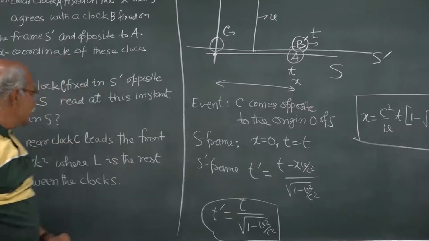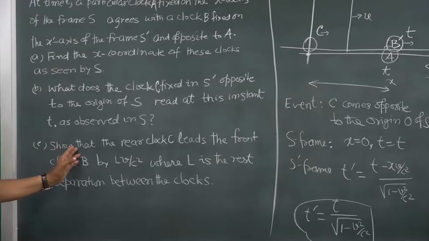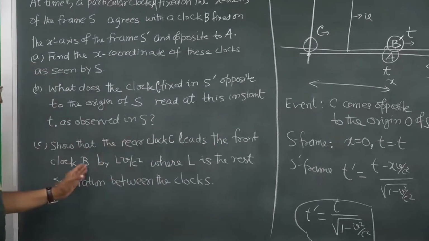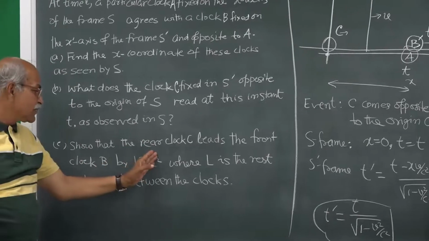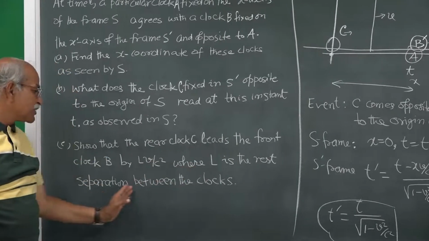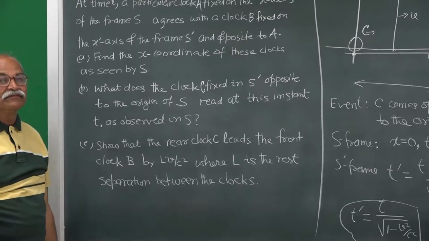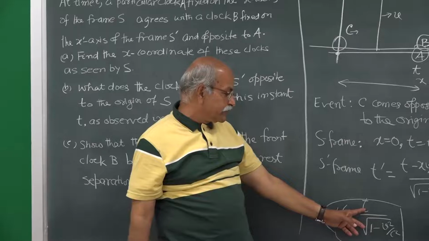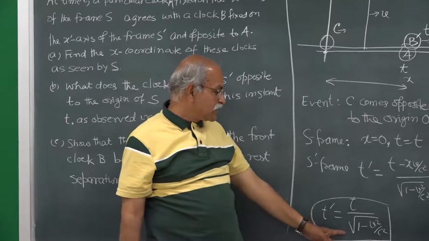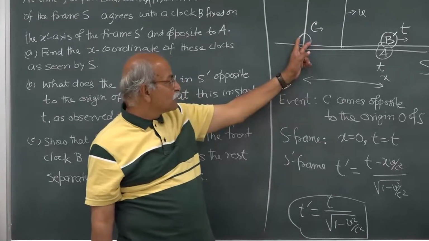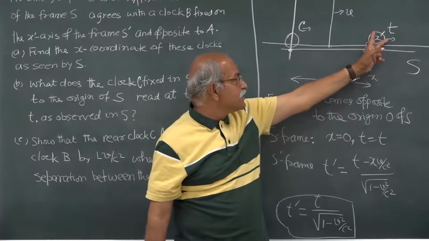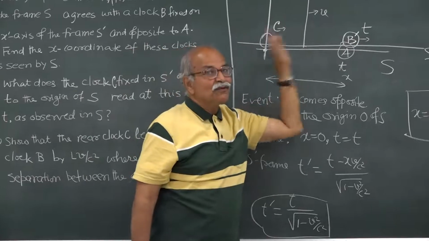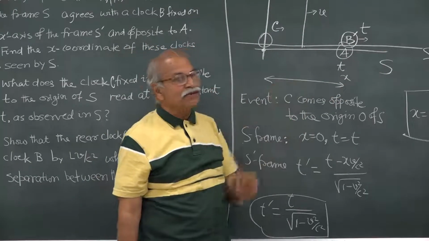And the third part is: show that the rear clock C leads the front clock B by L V by C square, where L is the rest separation between the clocks. You see this t prime is greater than t. So this reading is more and this reading is less; this is t and this is more than t. Since everything is moving towards the right, this is the rear clock and this is the front clock.